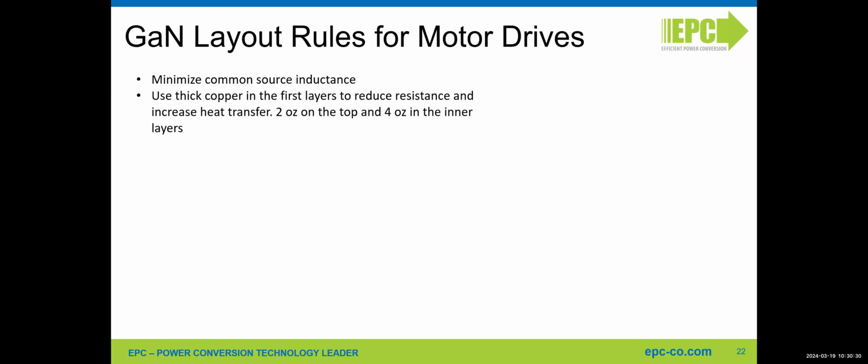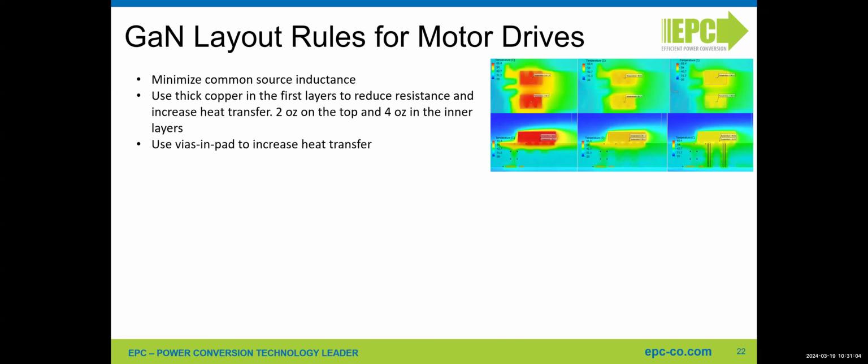This is really important, and it needs to be minimized because otherwise it's dissipating energy and increasing temperature. So we strongly recommend using 2 ounces, which is 70 micrometers, of copper on the layer where the devices are attached. And then the first inner layers having 4 ounces, which is 140 micrometers, so that these layers can really carry the current and also take the heat away.